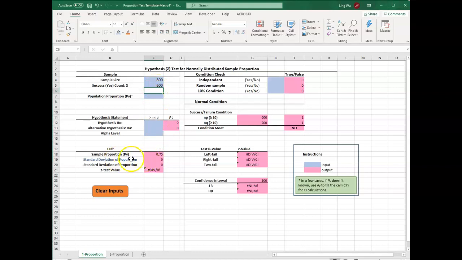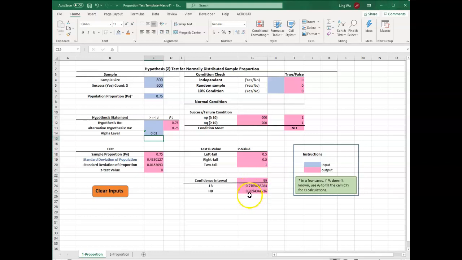We can use the sample proportion, 0.75, to replace it. Then there's a hypothesis test. In this case we don't have a hypothesis test, but we need the alpha level to get a correct answer. We want a 99% confidence interval, so the alpha level is 0.01.